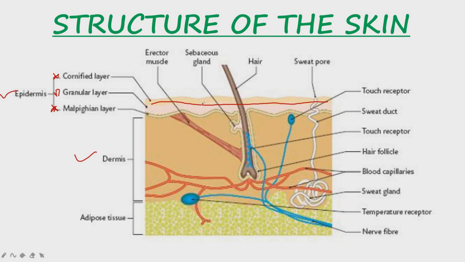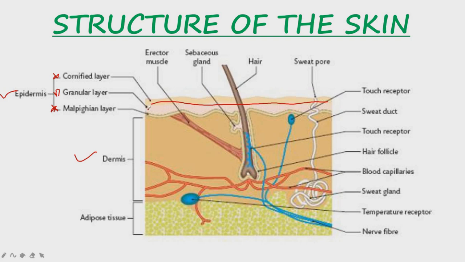So the cornified layer protects all the living cells beneath it. And apart from protecting the living cells beneath it, it helps to reduce the rate of water loss from the body because of its waterproof-like structure.